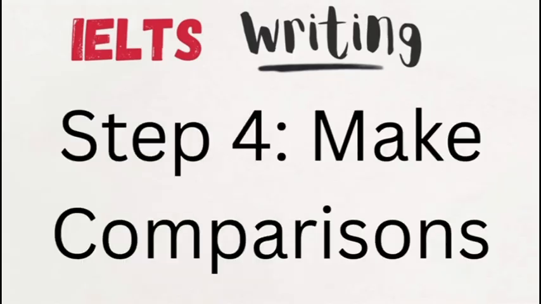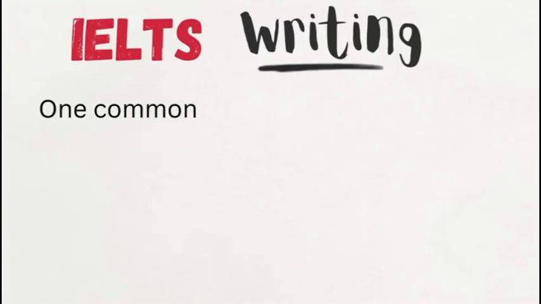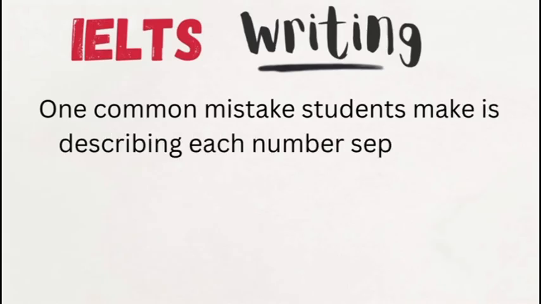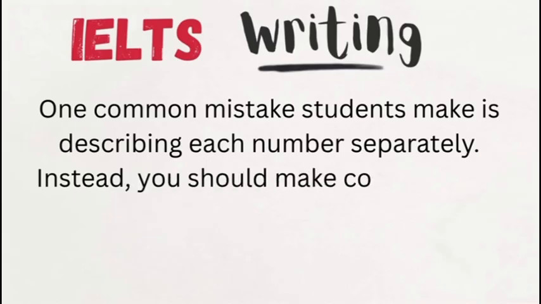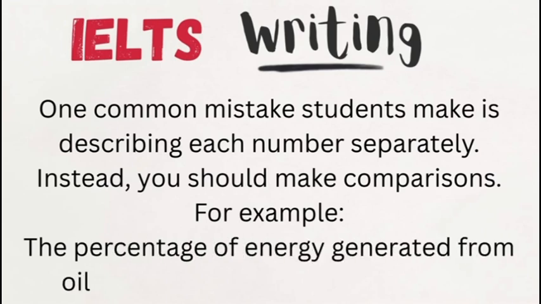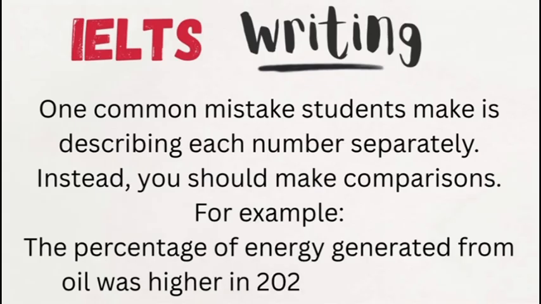Step 4. Make comparisons. One common mistake students make is describing each number separately. Instead, you should make comparisons. For example, the percentage of energy generated from oil was higher in 2020 than in 1995.